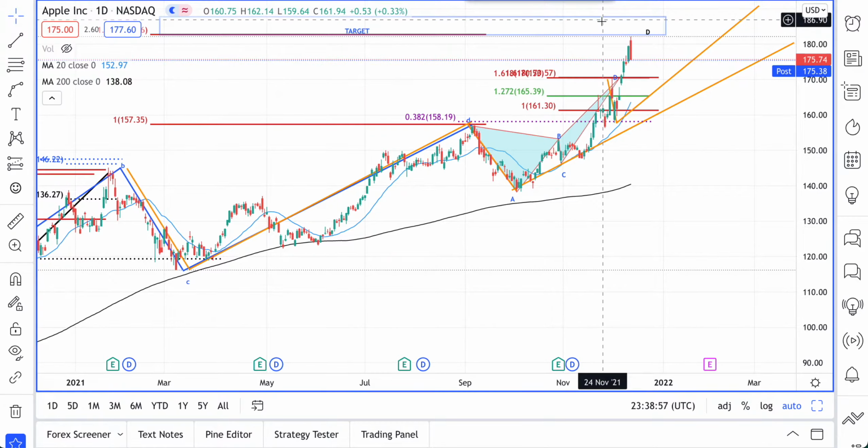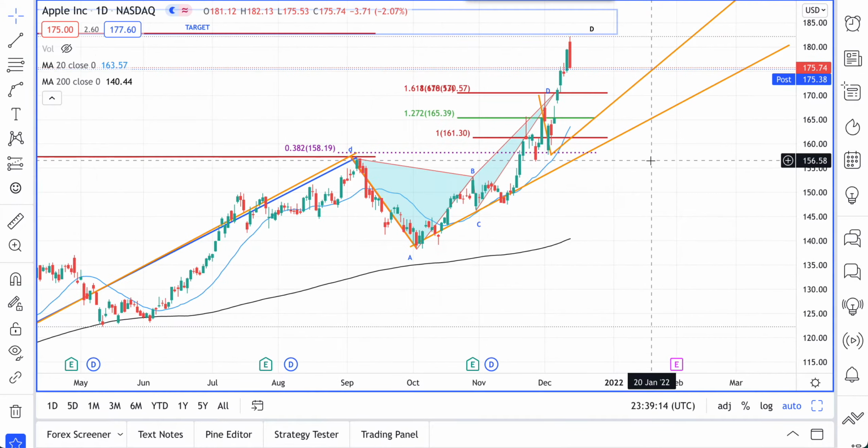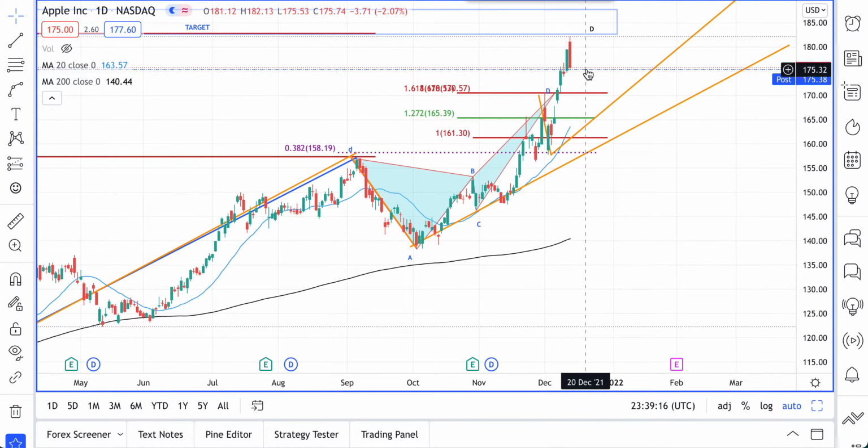So this is the target zone which we were anticipating the stock was likely to hit, between 182 to $188 per share.